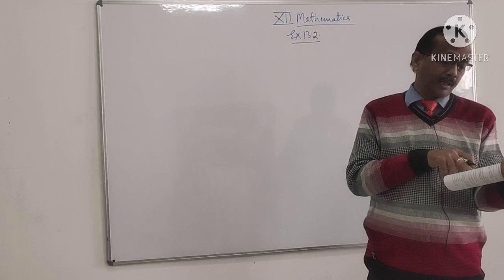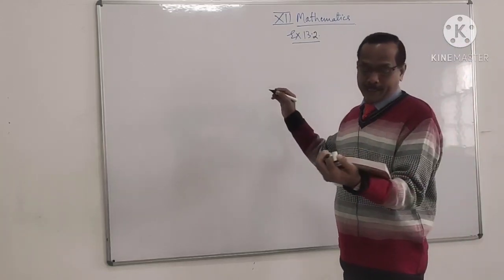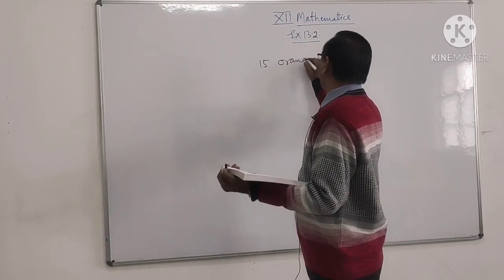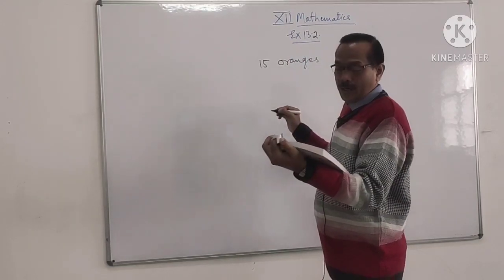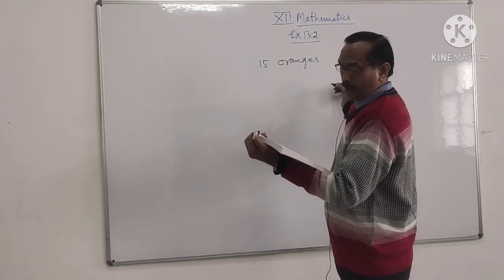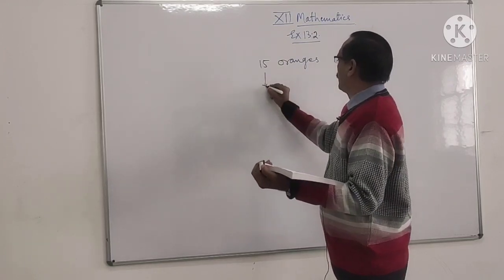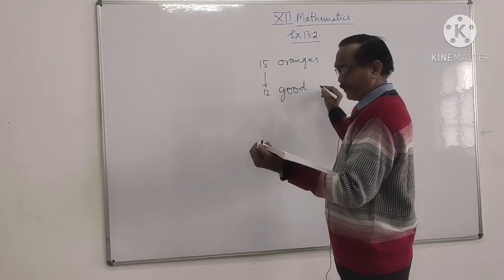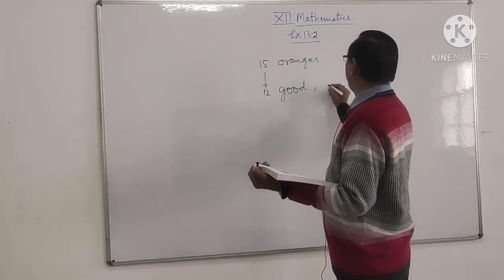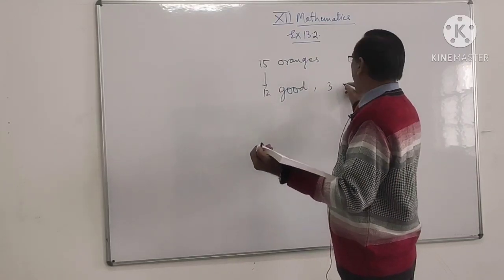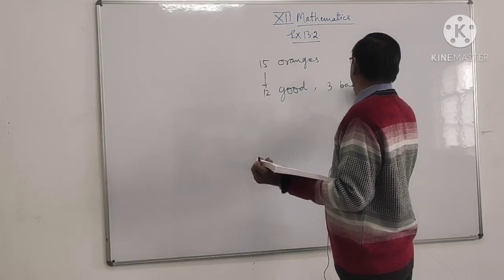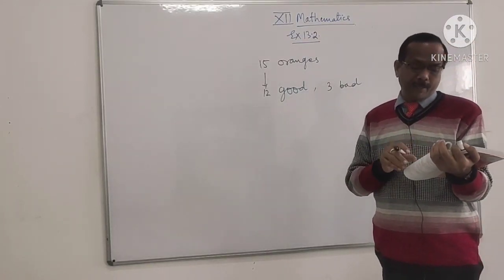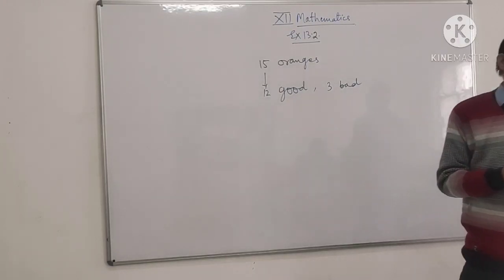Find the probability that a box containing 15 oranges, of which 12 are good and 3 are bad, will be approved for sale.